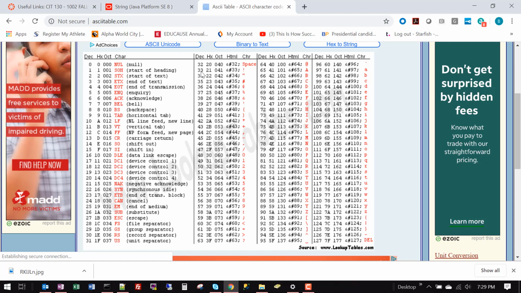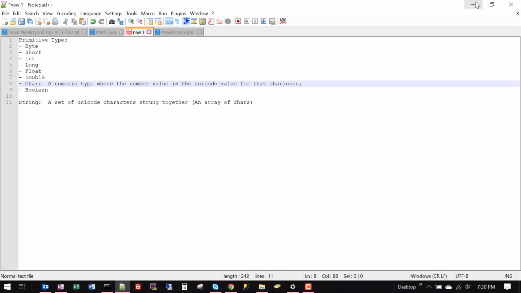So these numeric values, like the 33, is a number that corresponds to a standard created that identifies that number as meaning that symbol. And the operating systems like Windows and Linux and your Mac OS, those operating systems are defined to understand this Unicode character set. So that's why we say that these are numeric values.